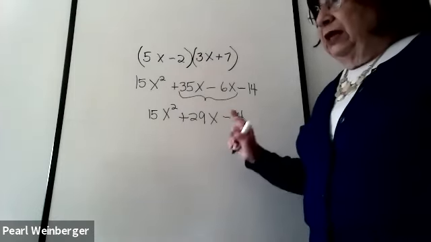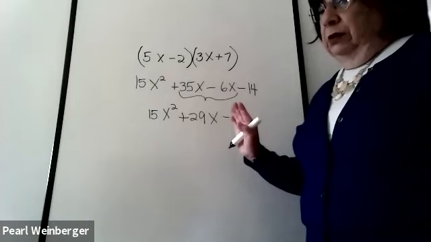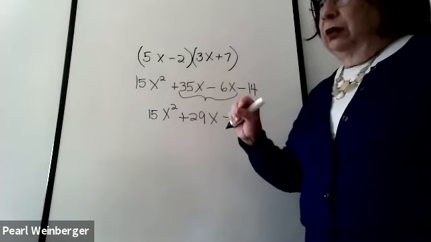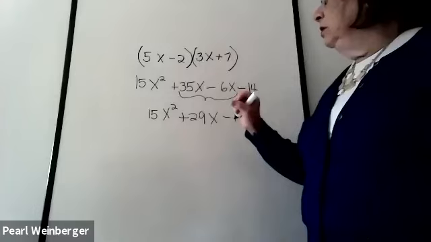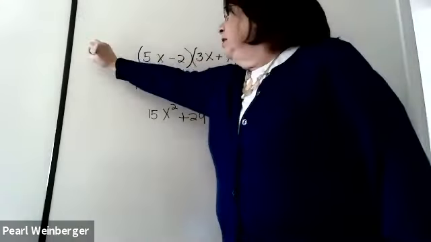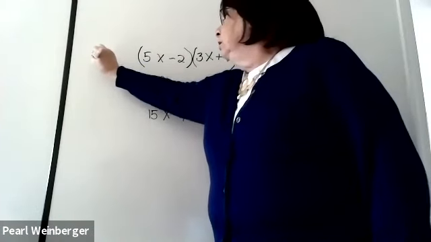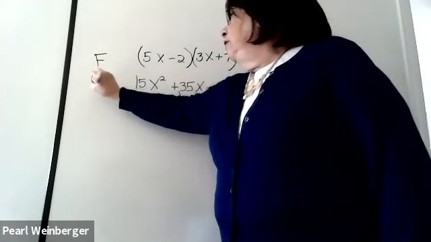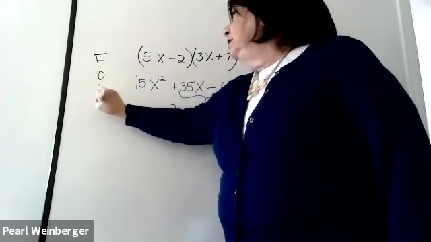This is sometimes explained as being FOIL. FOIL is the process that's used when you're multiplying two binomials.